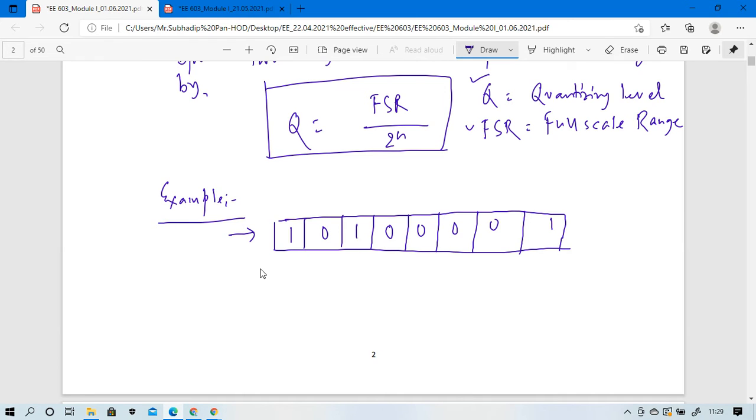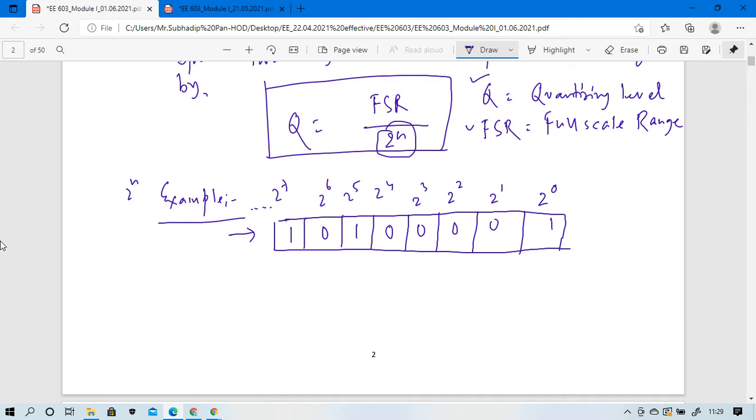Suppose we have 2 to the power n amplitude levels. Consider this as 2 to the power 0, this as 2 to the power 1, then 2 to the power 2, 2 to the power 3, 2 to the power 4, 2 to the power 5, 2 to the power 6, 2 to the power 7, and so on up to 2 to the power n.